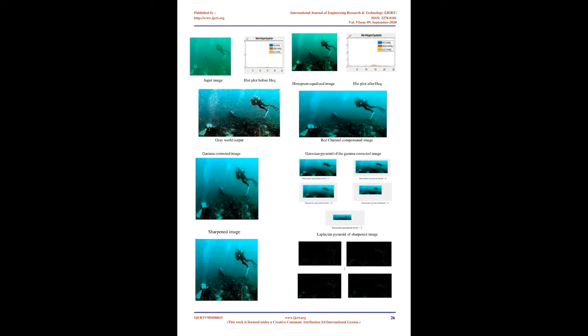Methodology. Workflow. As an initial step of the process, an image from the underwater environment of width 355 and height 1884 is considered. On the considered image, histogram equalization is applied in order to redistribute the intensity of the image. For the histogram equalized image, the gray world algorithm technique is implemented.